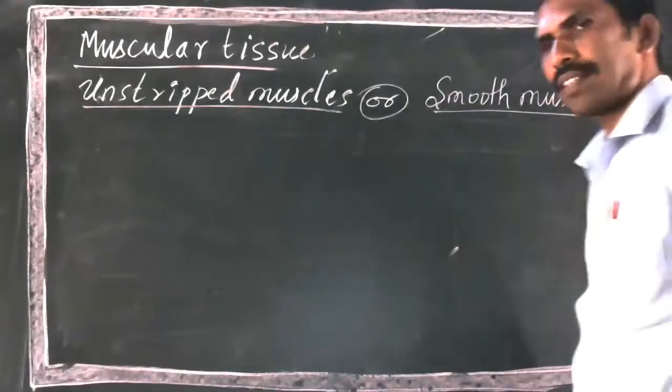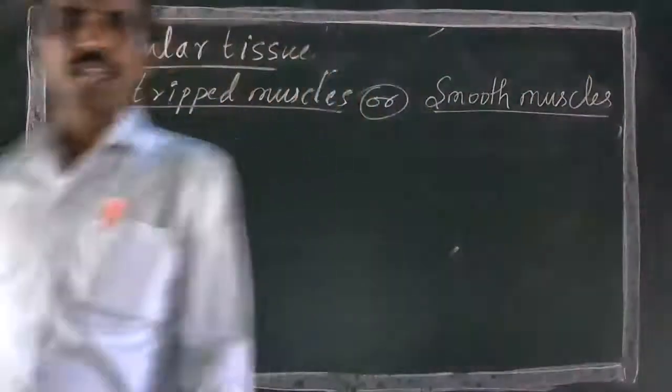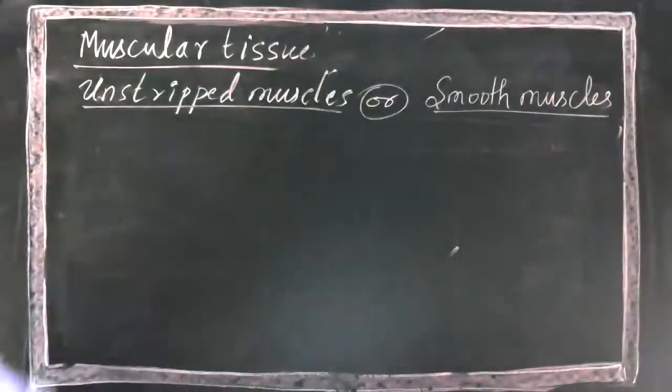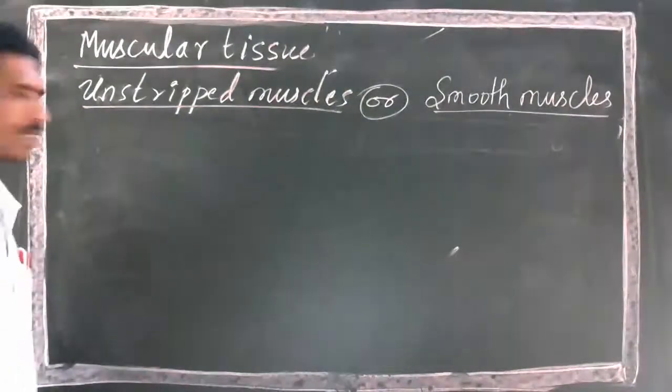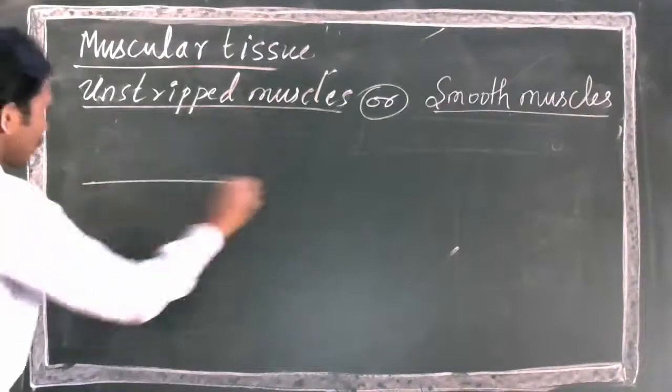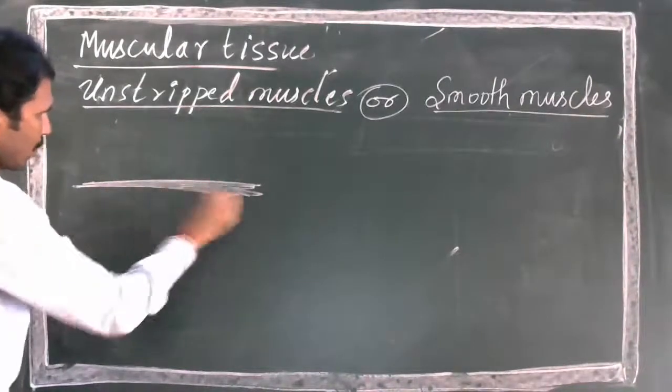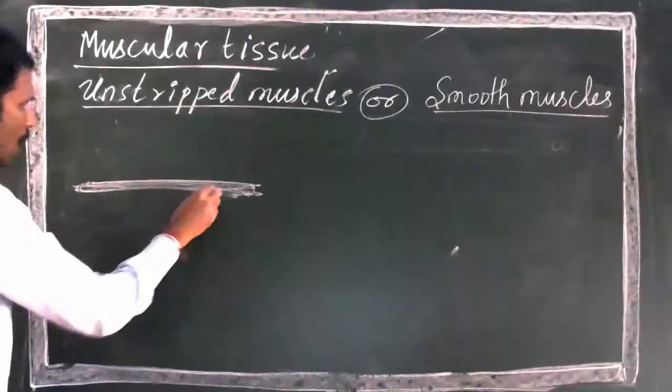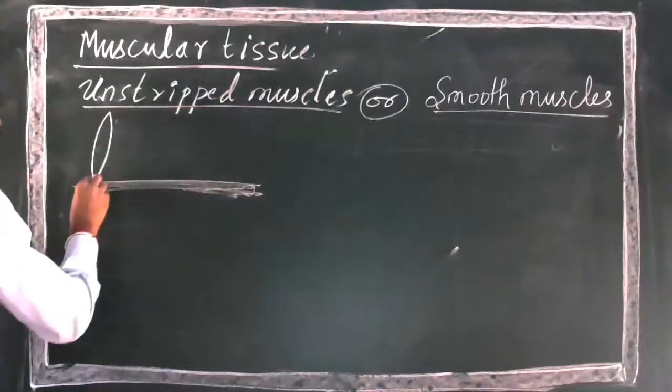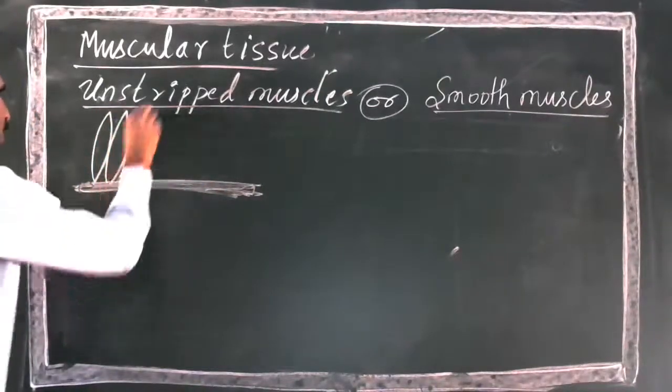Smooth muscles. See, unstriped means stripes are not there. This is the base of any muscular tissue; I told you any muscular tissue will have a base. On the base, the cells are arranged like this.